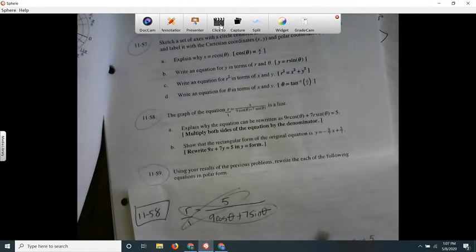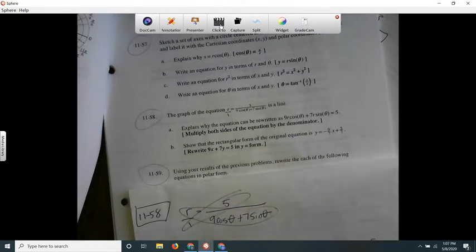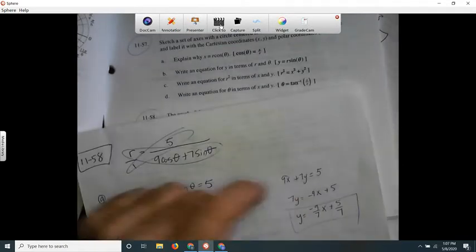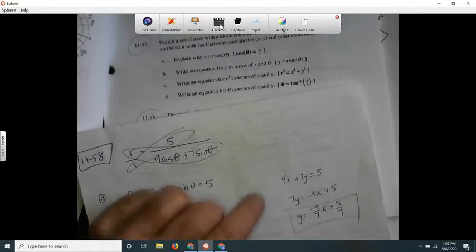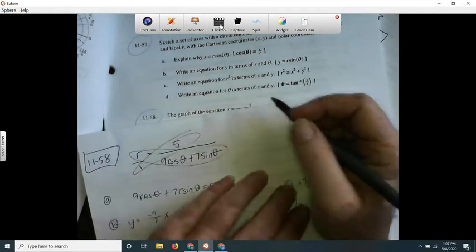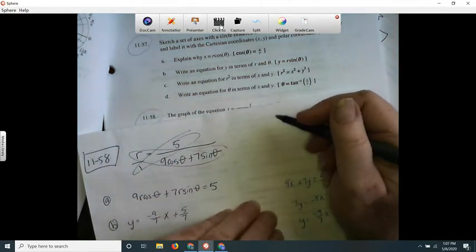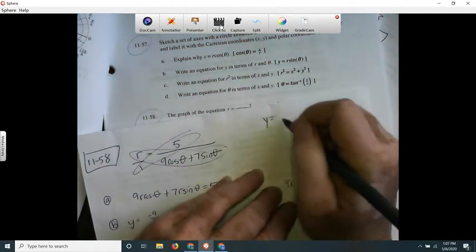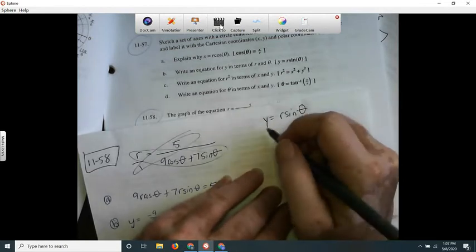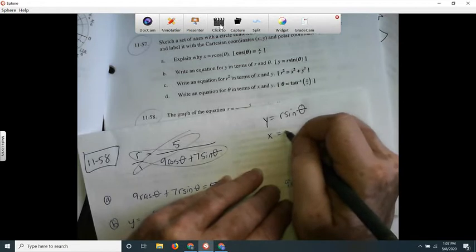Okay, and then on letter B it says, show that the rectangular form of the original equation is y equals 9/7 x plus 5/7. So in the other YouTube videos that I hope you watched first, he tells you that y equals r sine theta, and he shows you y and everything, and x equals r cosine theta.